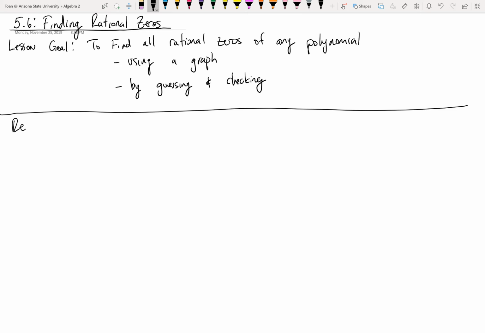How can I use a graph to solve polynomials? Well, we need to remember a couple of important ideas. Number one, another name for solutions when you solve a polynomial is zeros. Right? I've been using this term a lot. Hey, this is the zero of the polynomial. Find the zeros of the polynomial.